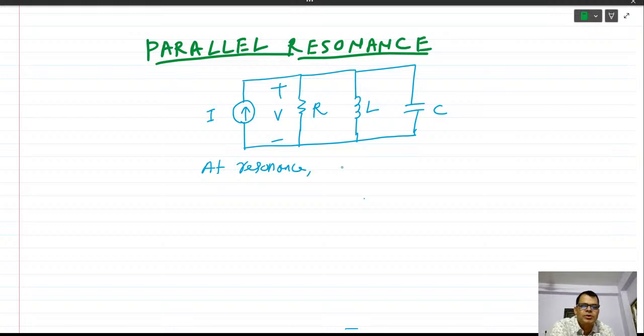total reactance, or you can say the imaginary part of Z, or in case we are taking the admittance, the total susceptance, must be 0.